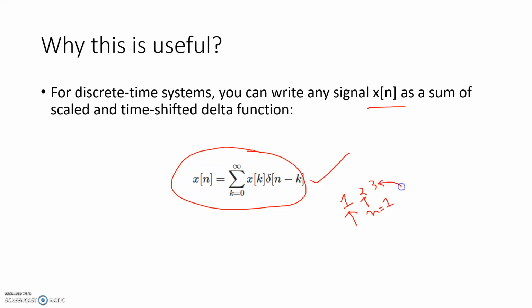This 3 amplitude corresponds to n equal to 2, and this 1 amplitude corresponds to n equal to 0, because the arrow was initially given below 1, right? These notations you know from the basic signals and systems concepts. Basically any discrete time sequence can be represented in terms of scaled and time shifted delta functions, right?